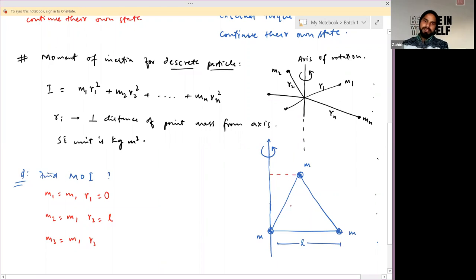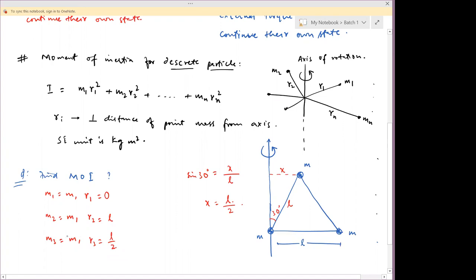This particular length is L, and this angle will be 30 degrees. So this will be the x coordinate. So sine of 30 equals perpendicular over hypotenuse using this triangle. So x will be L times sine 30, which is 1 by 2. So R3 equals L by 2. Is it clear? Yes, sir.